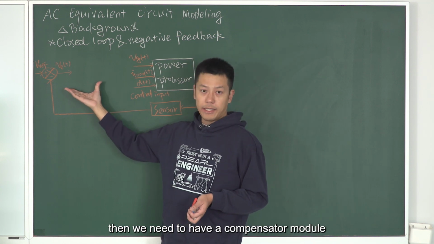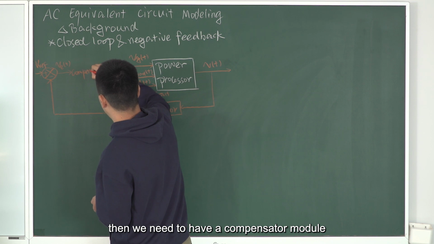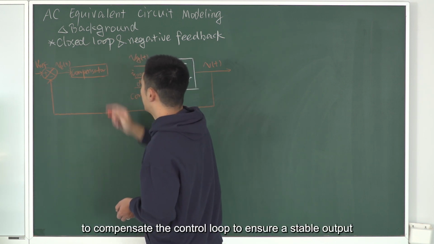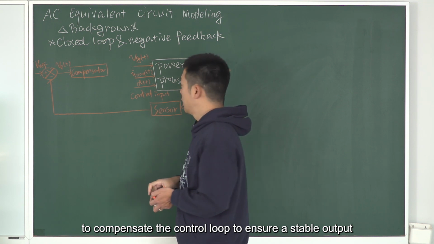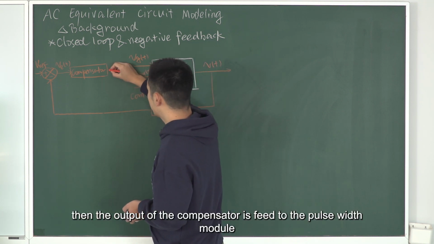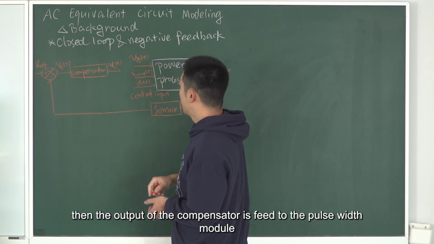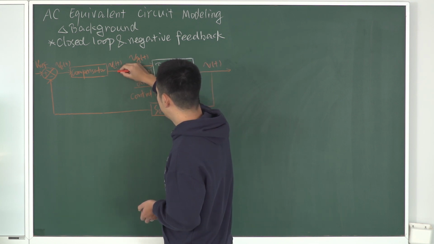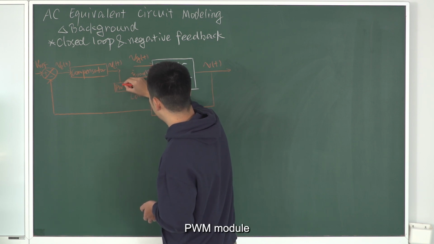Then we need to have a compensator module to compensate the control loop to ensure a stable output. Then the output of the compensator, vc, is fed to the pulse width modulation module, the PWM module.